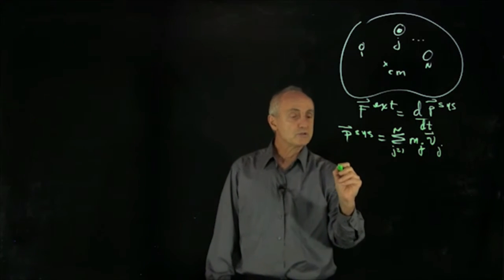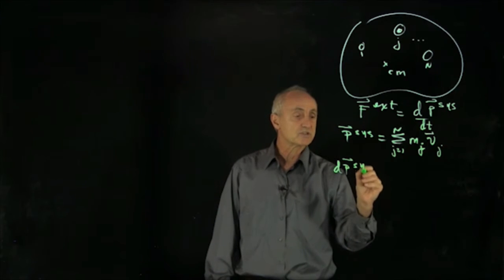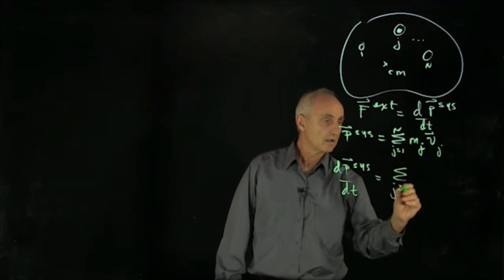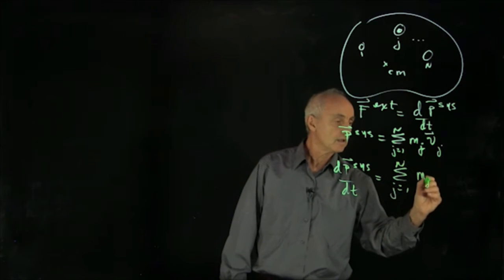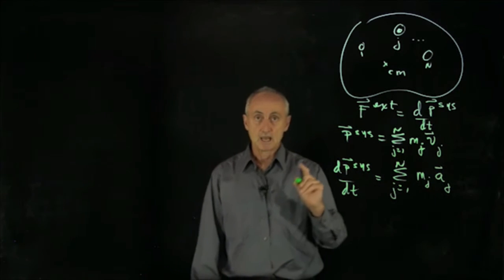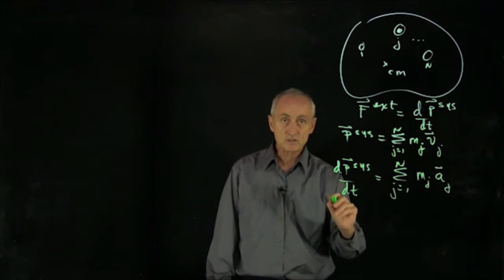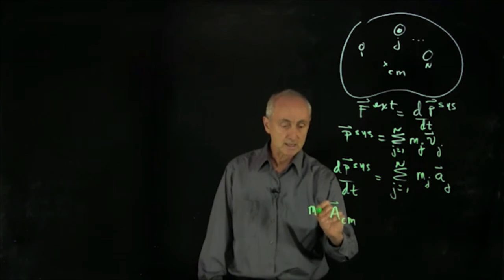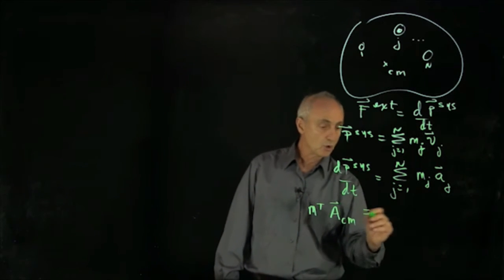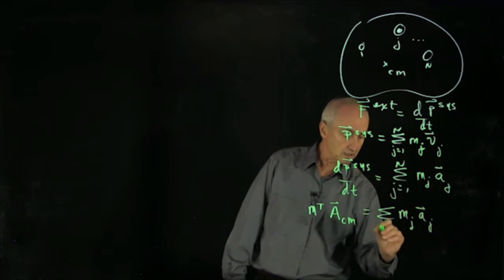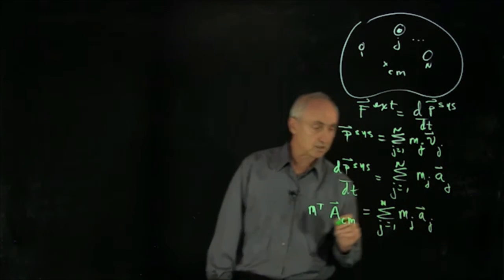Now, when you differentiate the momentum of the system with respect to time, we're just differentiating the velocity, and so that becomes the acceleration of the jth particle. Now, we saw when we defined the center of mass that the acceleration of the center of mass times the total mass of the system was equal to this sum of m_j a_j, j goes from 1 to n.